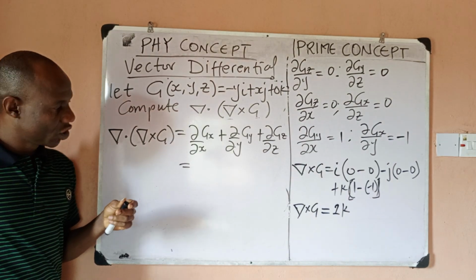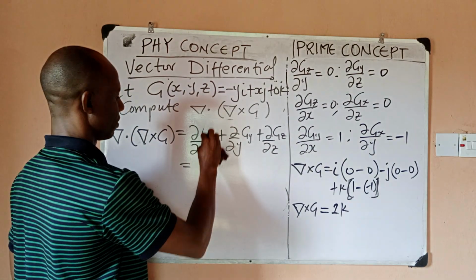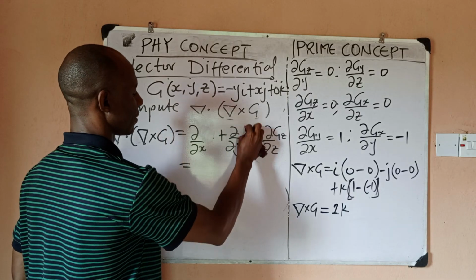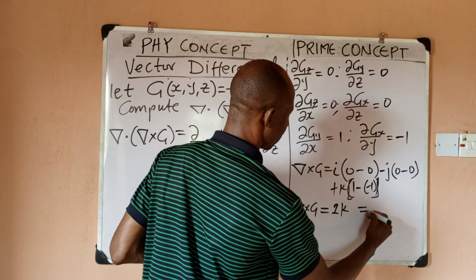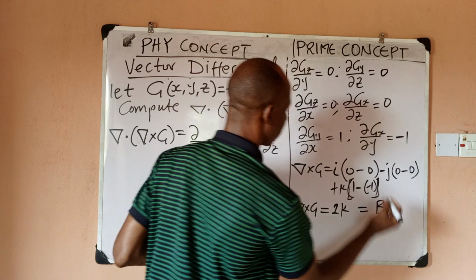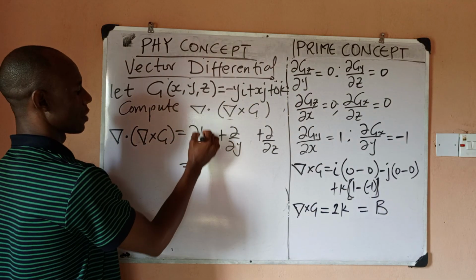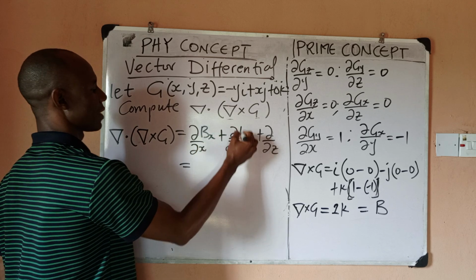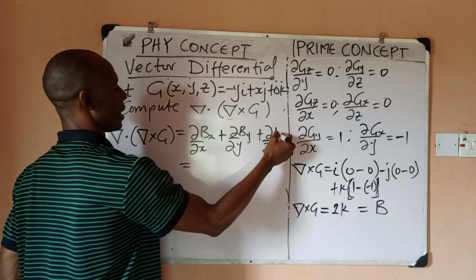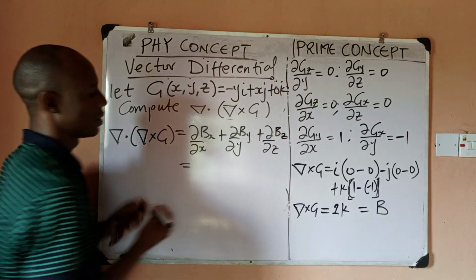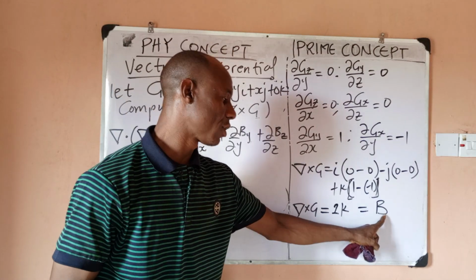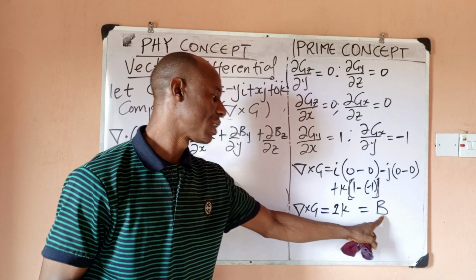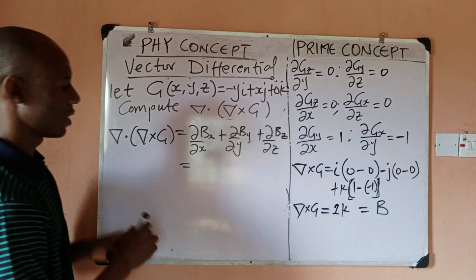I shouldn't be using g of again. I don't know a better way to write it. So let's just call this whole thing a new vector b. So if it is a new vector b, then I'll be saying b of x, b of y, and then b of z. So I'm calling core of g a new vector b.